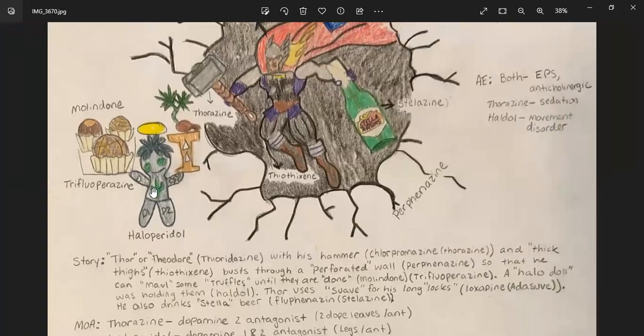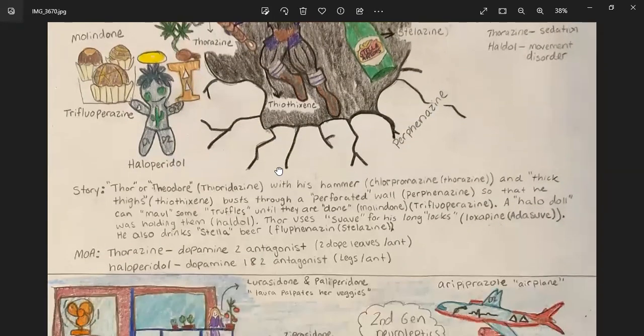So the doll has a cactus. Now I know it can be confusing because I kind of combined haloperidol and Thorazine because they have a lot of the similar adverse effects. Thorazine also has sedation, so that's why he's smashing the seed with 2 dope leads.